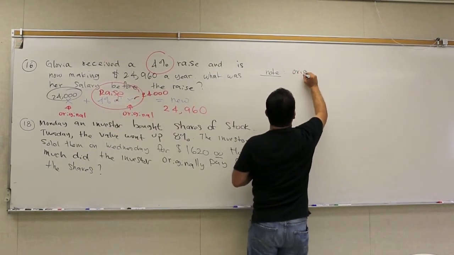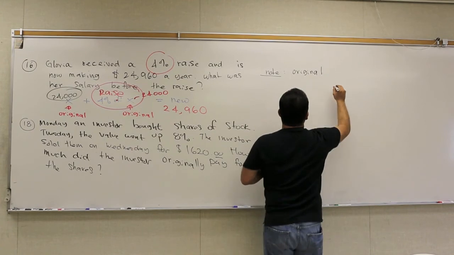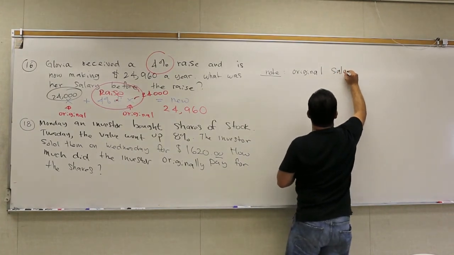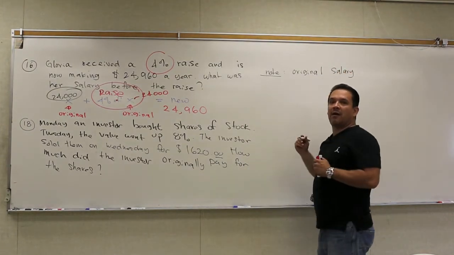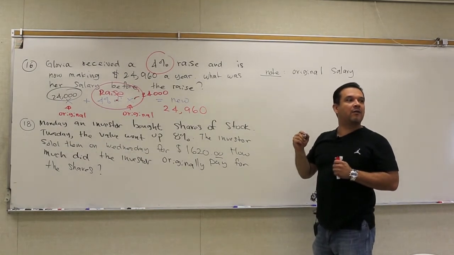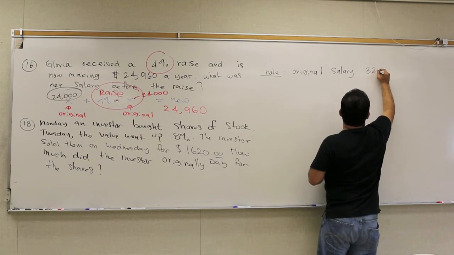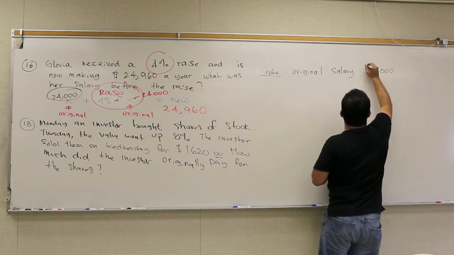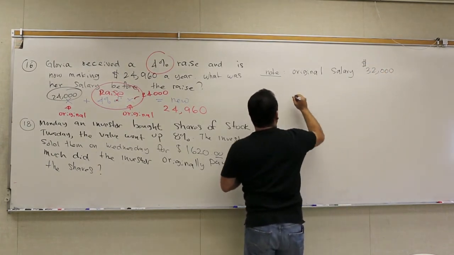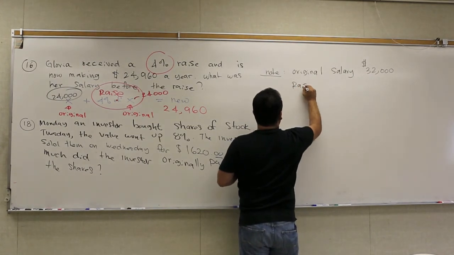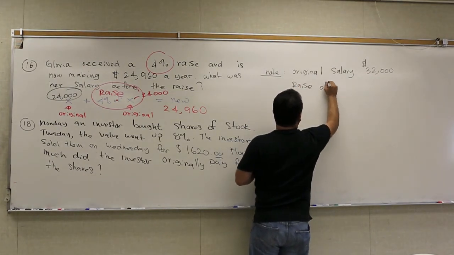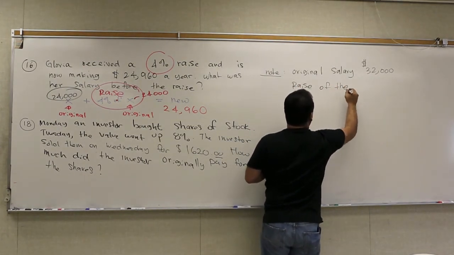They can say to you, you know what? Let's say you originally make, your original salary. How much did you make originally? Let's say you make $32,000 for your original salary.